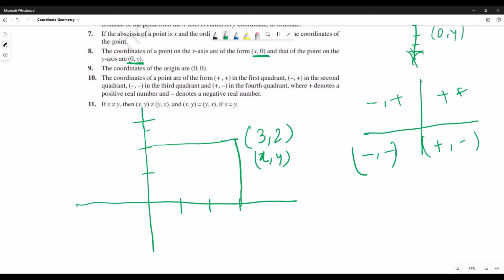And where is the point (y, x), meaning 2, 3? This is 2, 3, right? So we can see (3, 2) and (2, 3) are not the same point, right? If x is not equal to y, then (x, y) is not equal to (y, x), and (x, y) is equal to (y, x) if x is equal to y.